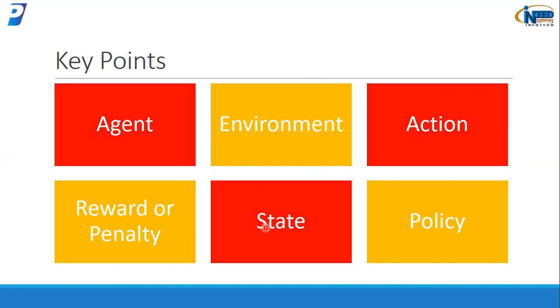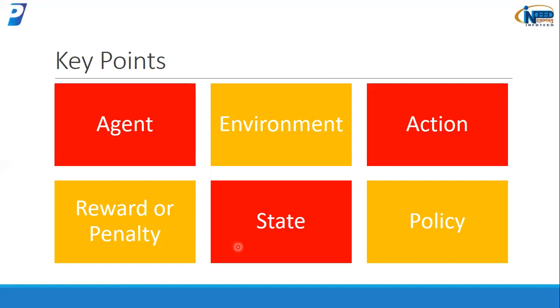Reward or penalty: reward is whenever the dog is, let's say, catching a ball and that was a desired action you had, you will serve the dog with some snacks or food. That's the reward. If it doesn't do that, then you will not talk with the dog for some time. That's a penalty.